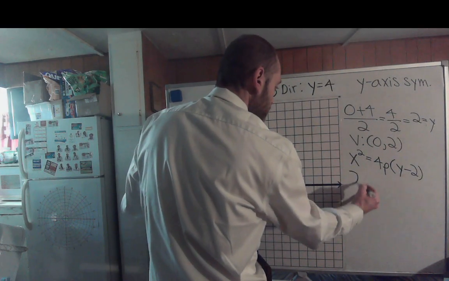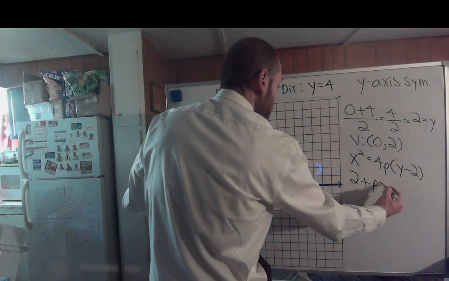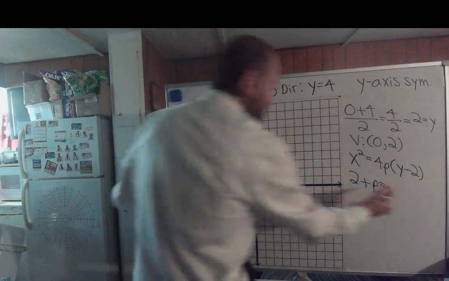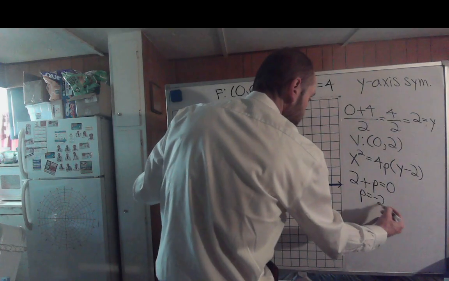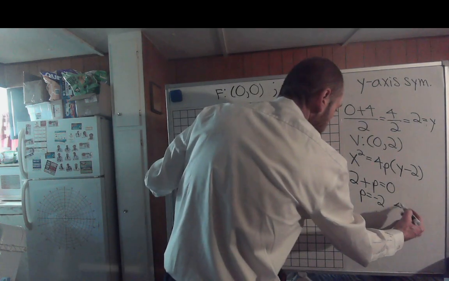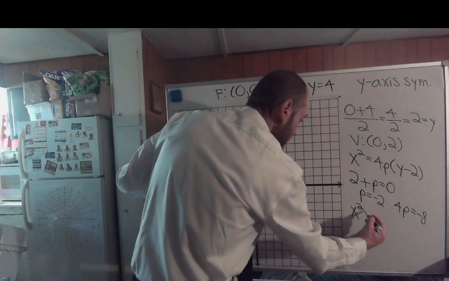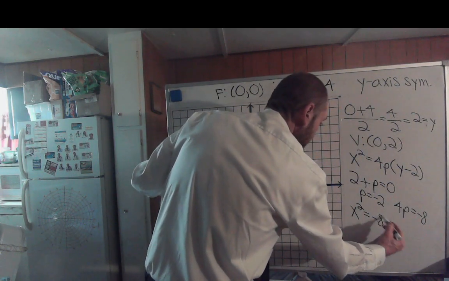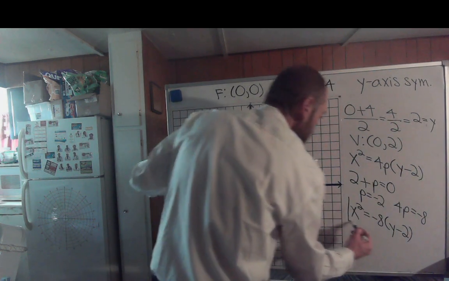So 2 plus p is equal to 0, which would end up giving me p equals negative 2. So 4p equals negative 8. So the final form of this equation would be x squared equals negative 8 times the quantity y minus 2.